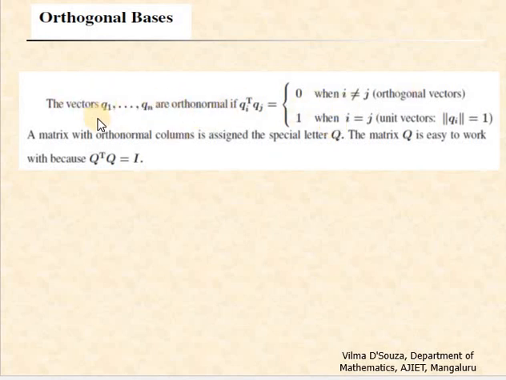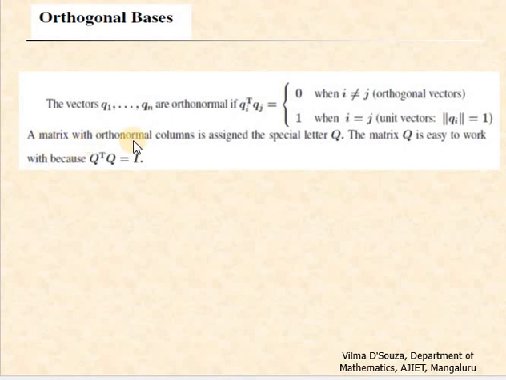The set of vectors q1, q2, etc., qn are said to be orthonormal if qi transpose qj is equal to 0 when i is not equal to j, and it is equal to 1 when i equals j.